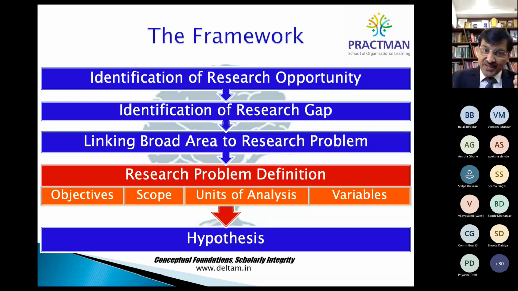Objectives of my research, scope of my research, at what level I am going to slice the data, at what level I'm going to do the analysis called as units of analysis, and finally what kind of variables I'm going to use in the research. And very briefly I will touch on the issue of hypothesis because it is an integral part of your problem definition. But hypothesis, otherwise formulation and testing of hypothesis is a separate topic itself.